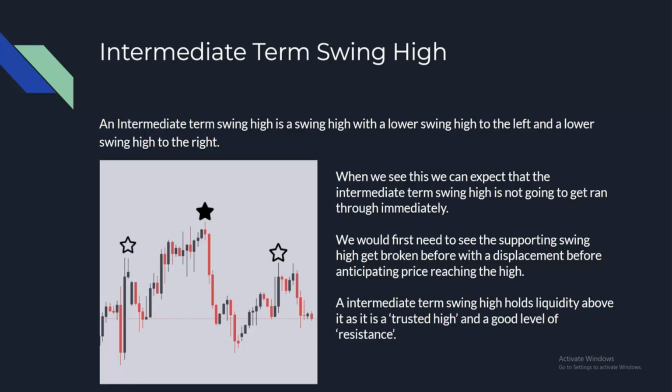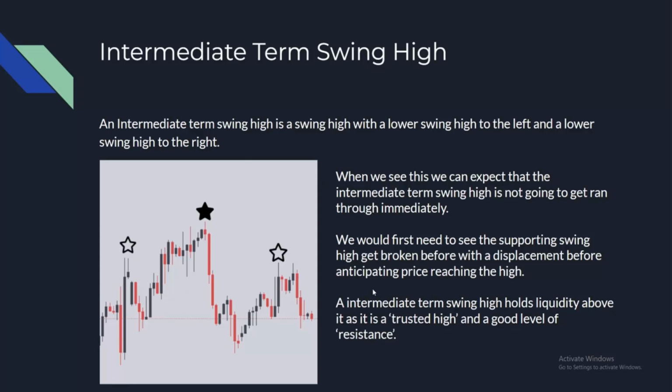We would first need to see the supporting swing high get broken with a displacement before anticipating price reaching higher. And a displacement is basically a strong one-sided candle. As I mentioned earlier, all of these words are going to get explained in the other videos in this course. This is just to give you an idea in your head of what's to come.